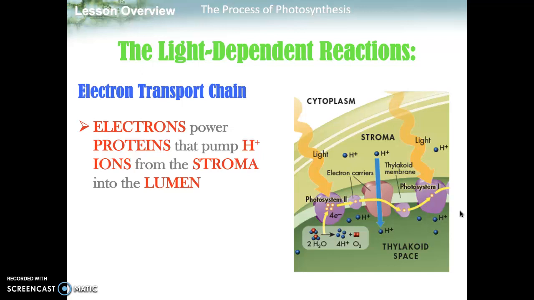We've talked about protein pumps before. And these proteins pump the hydrogen ions inside the thylakoids into the lumen. So we're going to use the electrons, and electrons basically are energy. They provide energy to run the pumps that move the hydrogen ions inside the thylakoids.